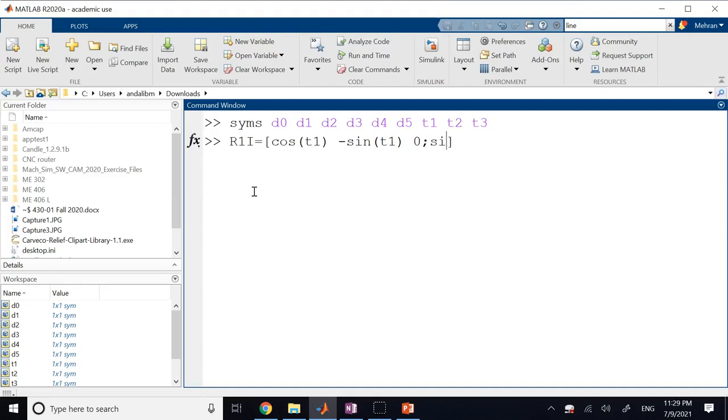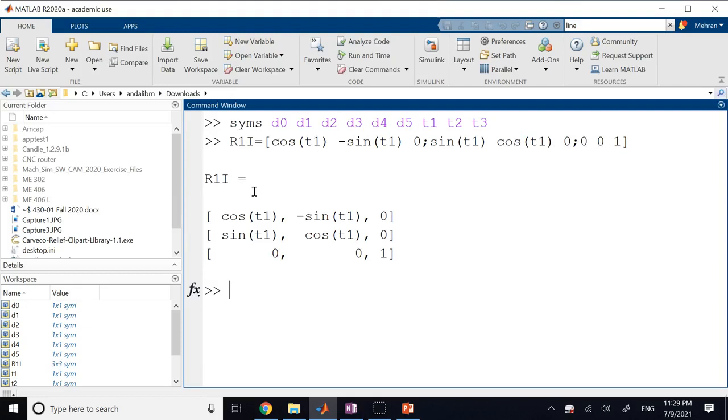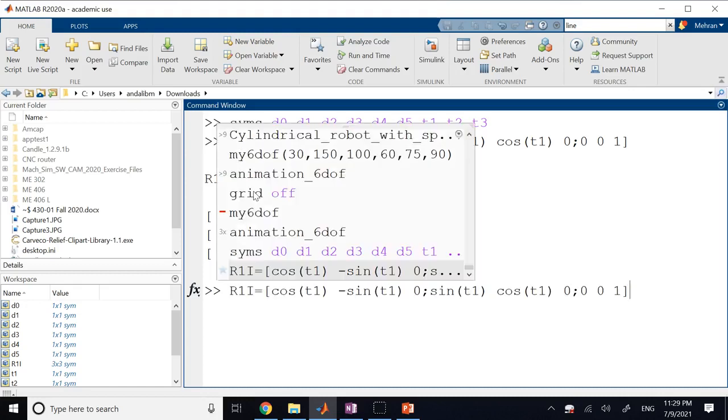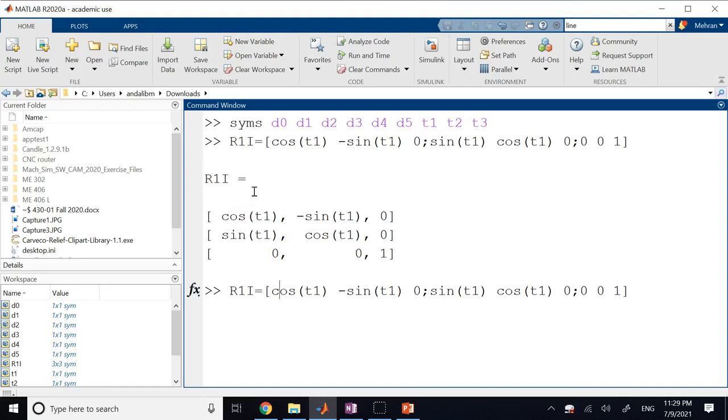Then the next row is going to be sine of T1, cosine of T1, and 0, and then 0, 0, 1. And never suppress it. Always make sure that it is exactly the matrix that you want. So don't use a semicolon at the end of the line.